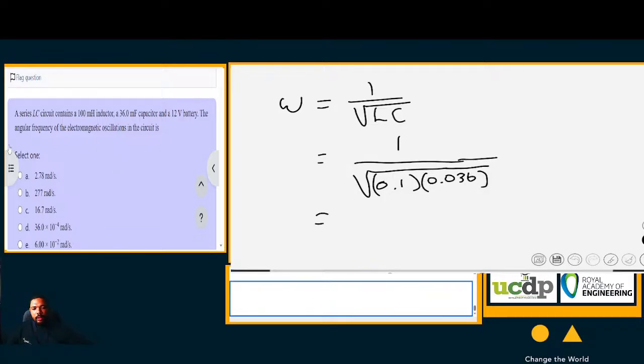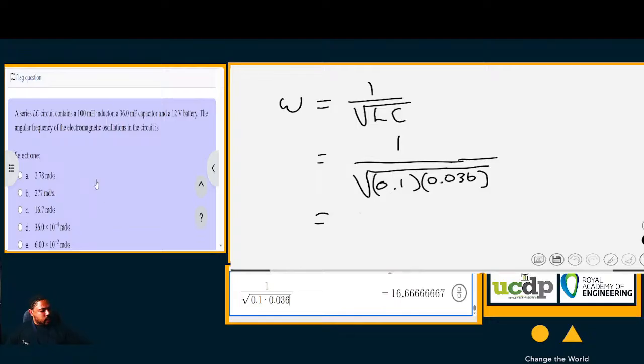So we have that the angular frequency is equal to 1 over the square root of 0.1 multiplied by 0.036.